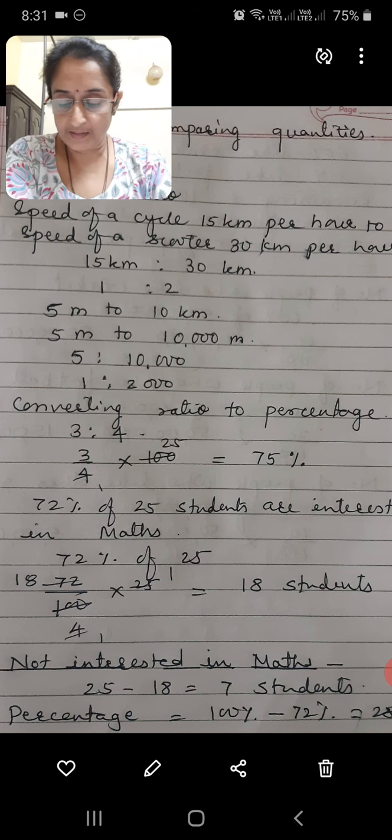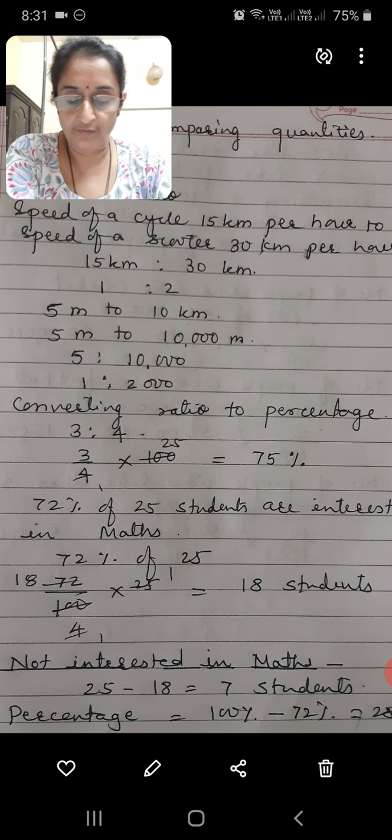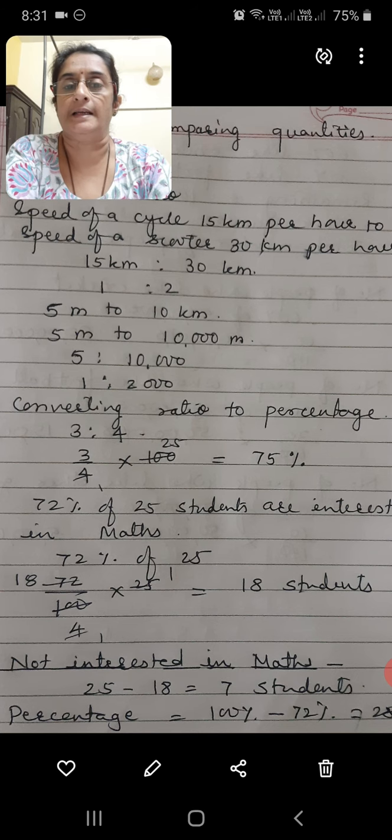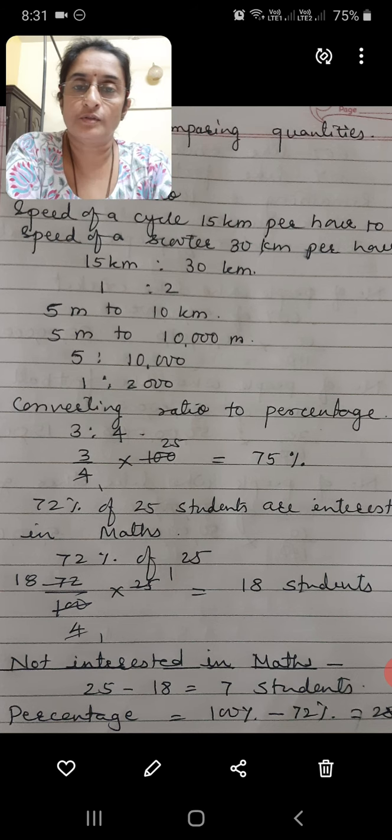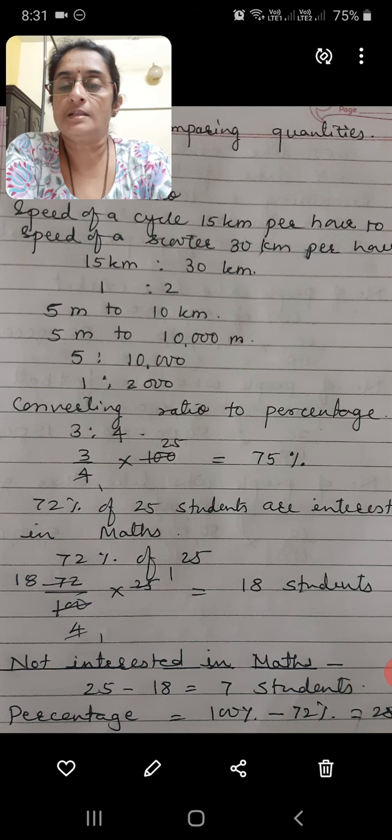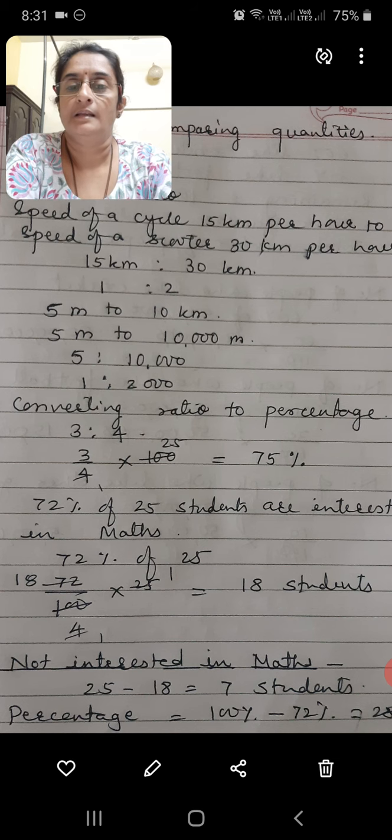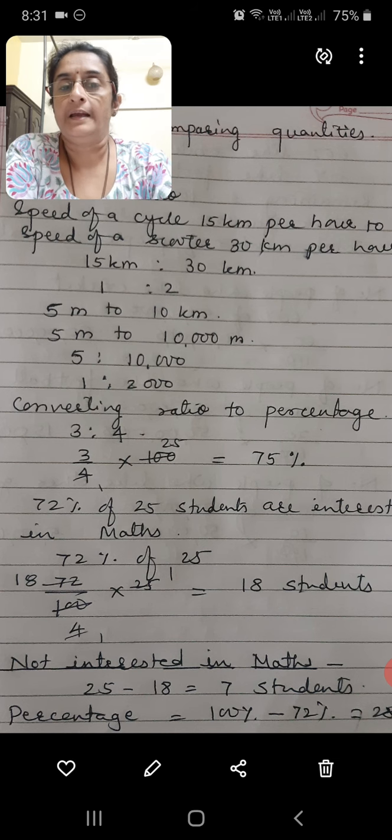Now the next question is the second one, convert the following ratios into percentage. Whenever ratios are given, ratios are always fractions. So the ratio given is 3:4. When you convert it into fraction, it is 3/4. When you write the ratio as a fraction, it becomes 3/4 into 100.